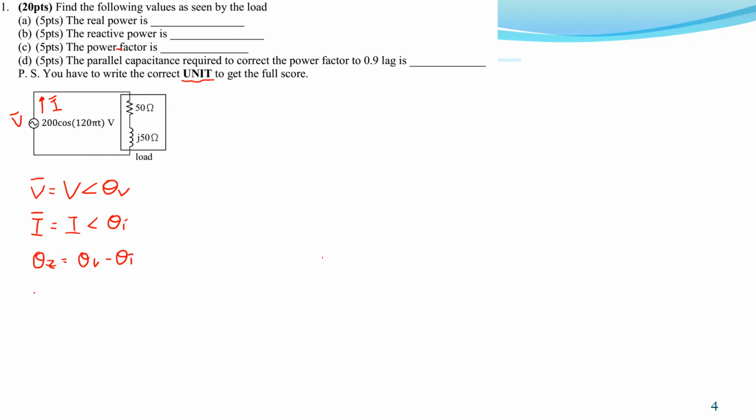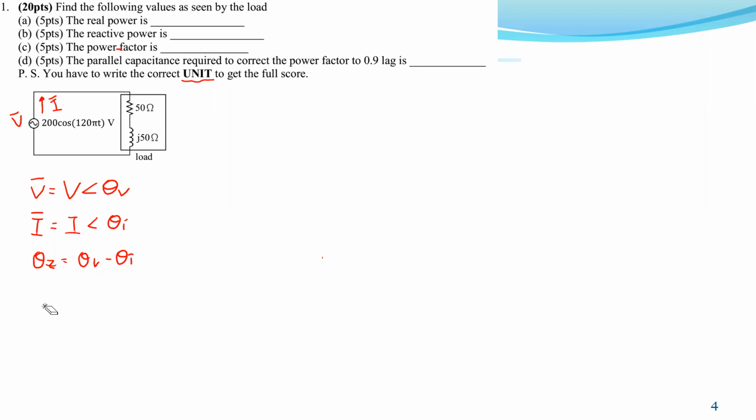So the real power uses a capital S, right? No, the real power is P. Apparent power is, let me double check. P, Q, and S, right?